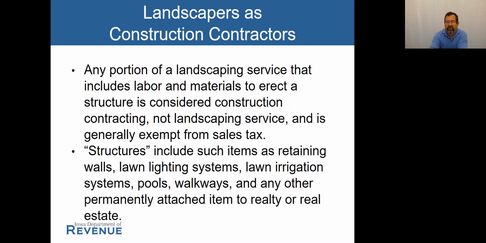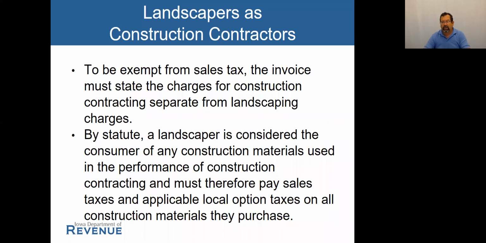Structures in this category would include such items as retaining walls, lawn lighting systems, lawn irrigation systems, pools, walkways, and any other items permanently attached to realty or real estate. To be exempt from sales tax, the invoice, however, must state the charges for construction separate from landscaping charges.